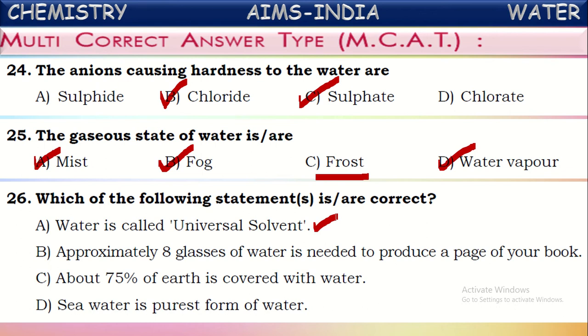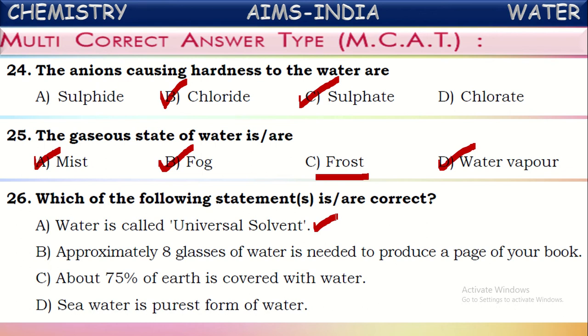Of course, some substances are soluble to a large extent, some are less soluble, but most of the substances are soluble in water. Because of this reason, water is called universal solvent. And the second statement, approximately 8 glasses of water is needed to produce a page of your book. Yes, it is also correct.